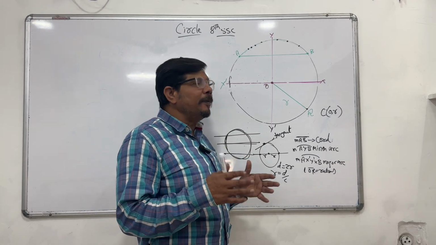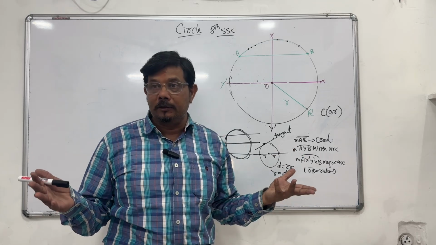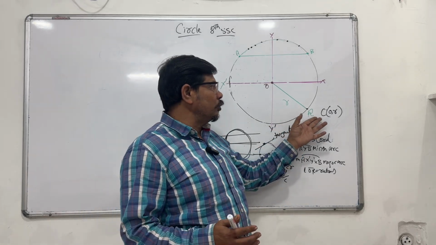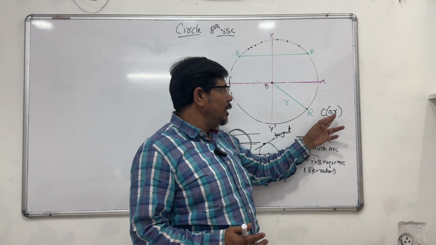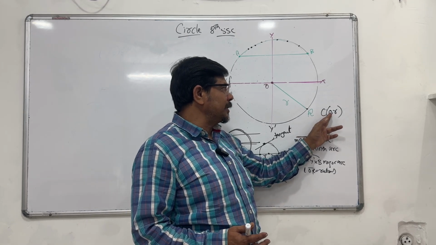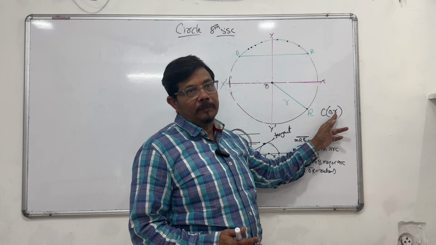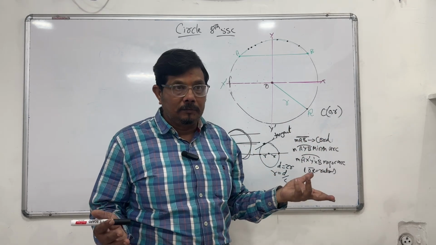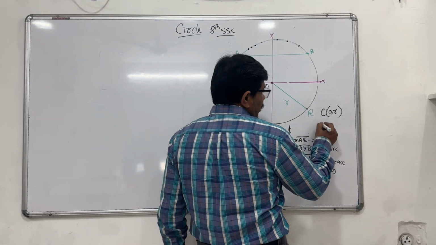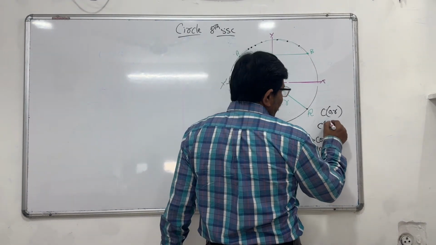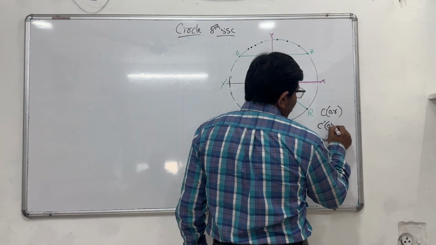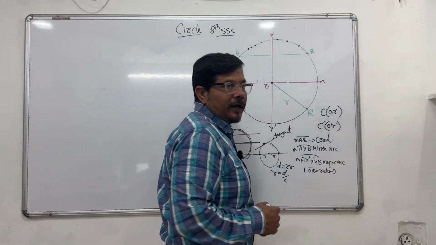If you name any circle, if you have 2 circles, one circle you can name circle C with center O and radius R. If you have one more circle, you can put circle C dash. The name of the circle is C dash, having center point O dash and R dash as the radius.